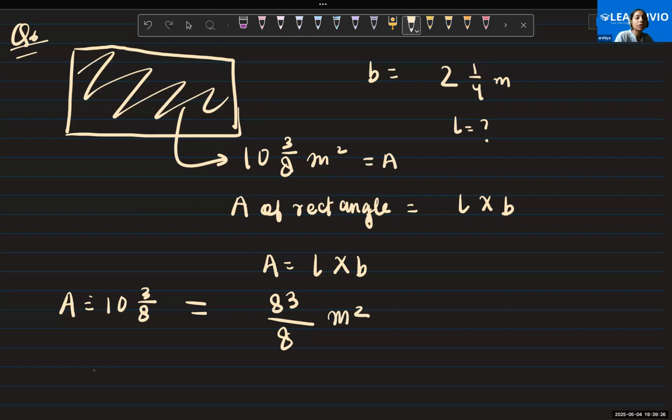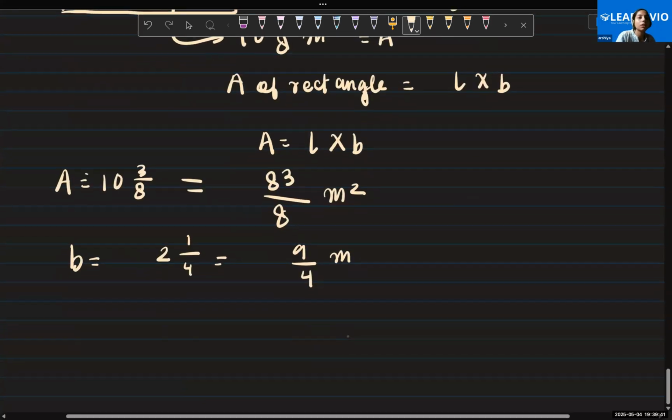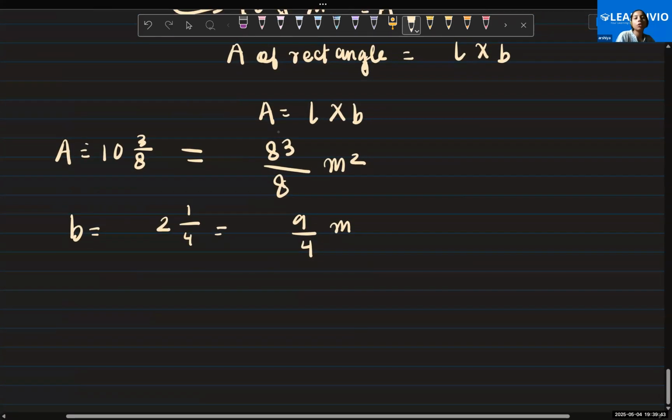Then breadth they have also given. How much is it? 2 1 by 4. How much will I get after converting? 9 by 4. Yes. So 9 by 4 meters. Now I'll put these values in this formula.